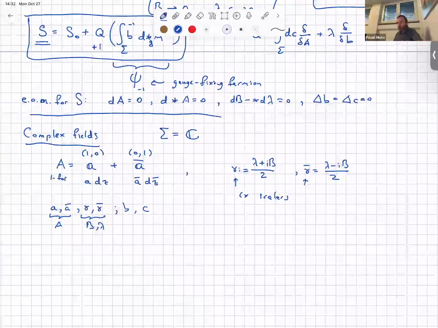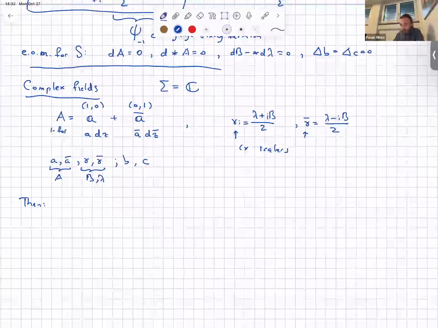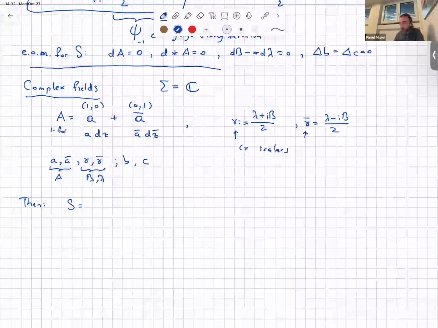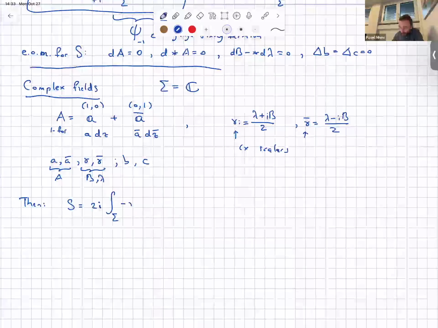Then it turns out that the action that I wrote before can be written, up to some normalizations and signs, about which I'll generally be sloppy, but for the moment, let me write it. So the action will be the following.